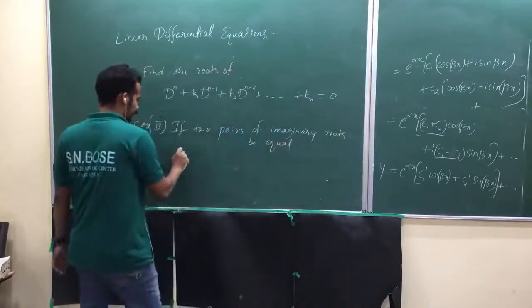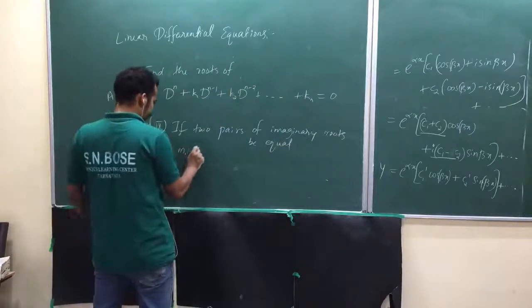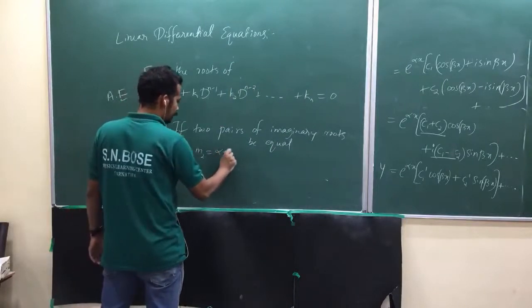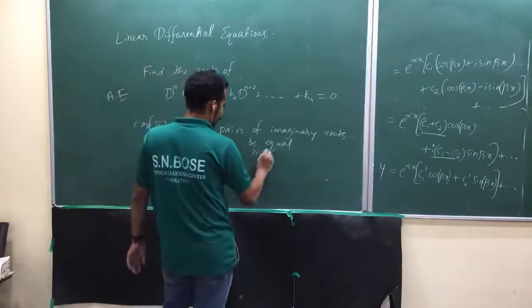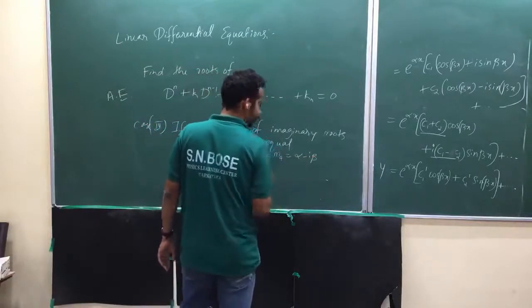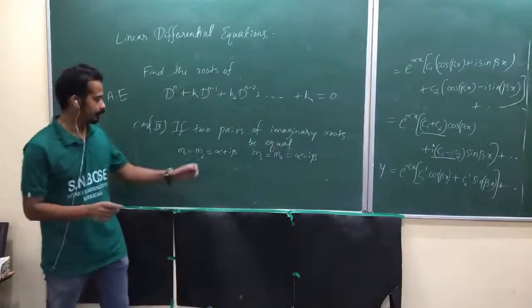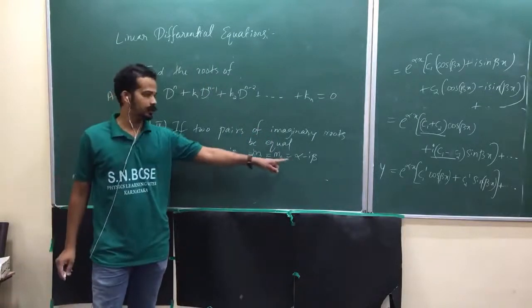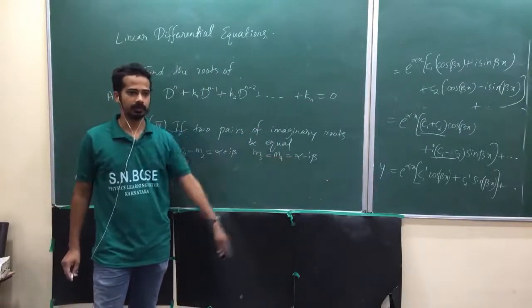Are you getting my point? M1 is equal to M2 is equal to alpha plus I beta. M3 is equal to M4 is equal to alpha minus I beta. Remember, if this root appears twice, this root will also appear twice, definitely. Are you getting my point?